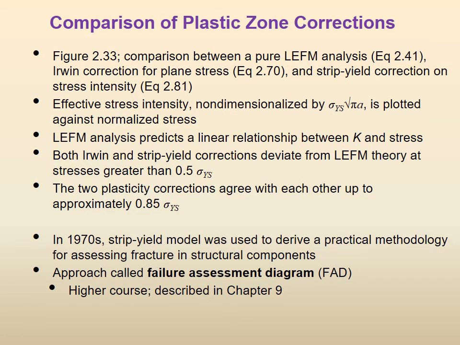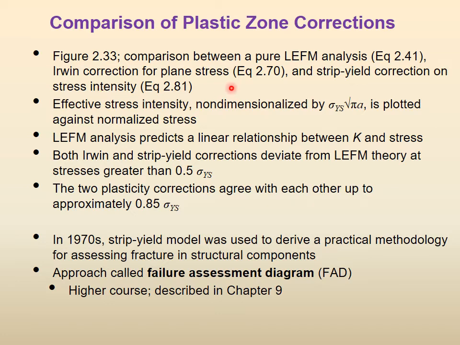Now the comparison of the plastic zone corrections. Two plastic zone corrections are there, Irwin and strip yield. We will go to the figure later on, but it compares a pure LEFM analysis, then the Irwin correction for plane stress, and the strip yield correction on stress intensity.